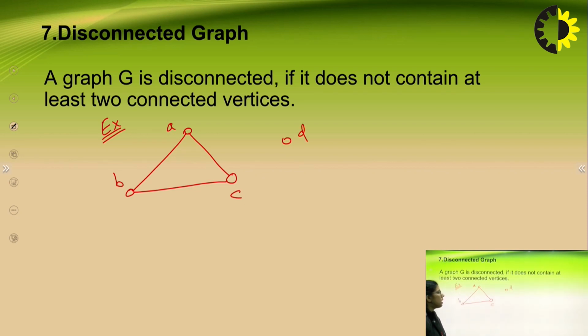Here we can see the path exists for these three vertices, but the vertex D is not reachable from any of these vertices. So we can say this is an example of a disconnected graph.